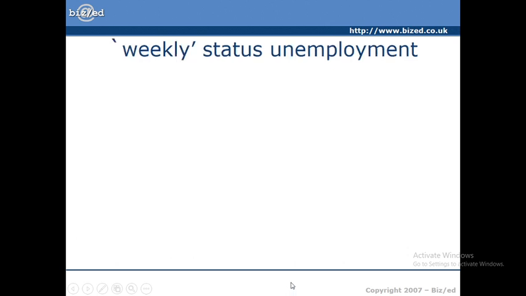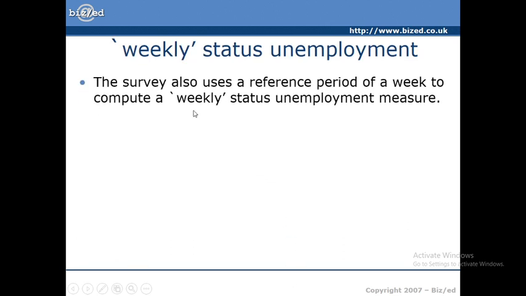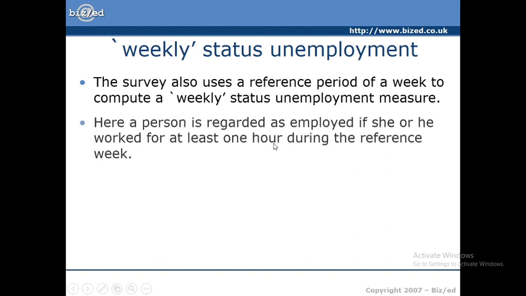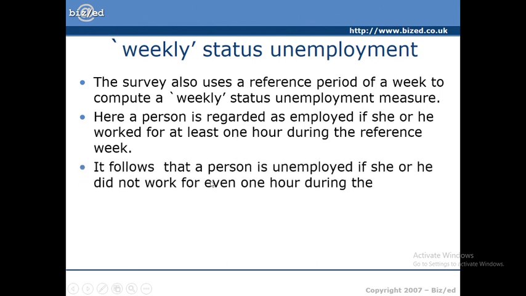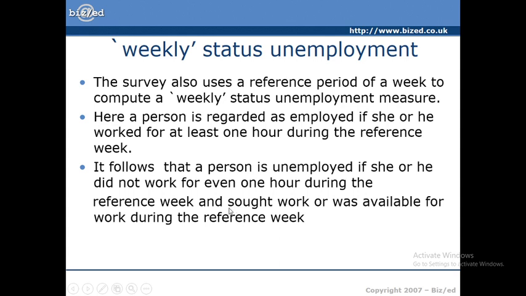Then you have weekly status unemployment. The survey also uses a reference period of a week to compute a weekly status unemployment measure. Here a person is regarded as employed if she or he worked for at least 1 hour during the reference week. It follows that a person is unemployed if she or he did not work for even 1 hour during the reference week and sought work or was available for work during the reference week.